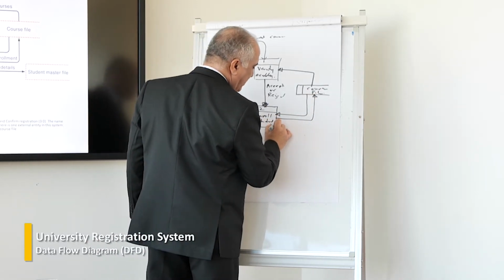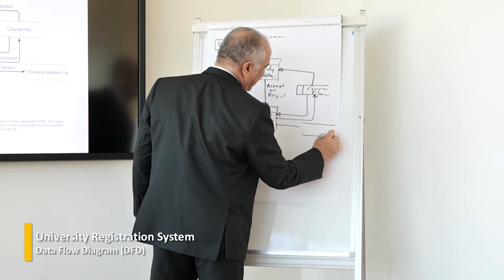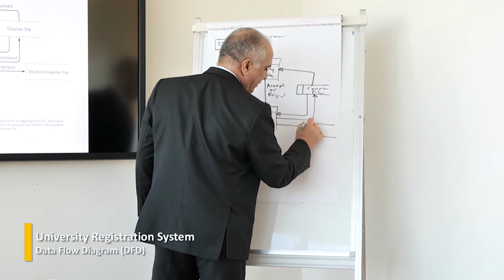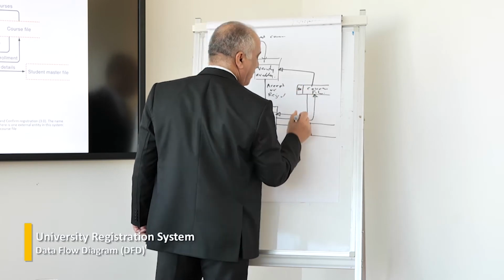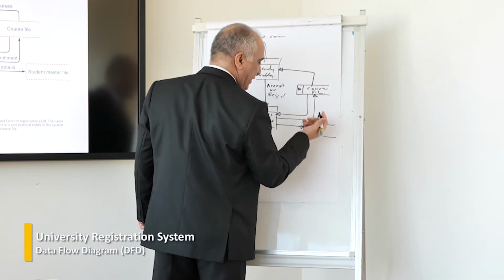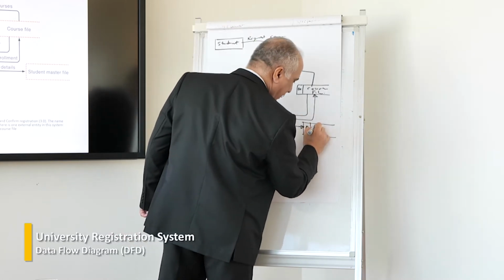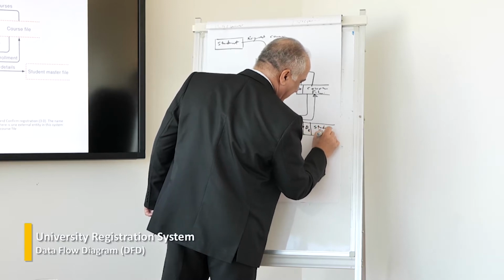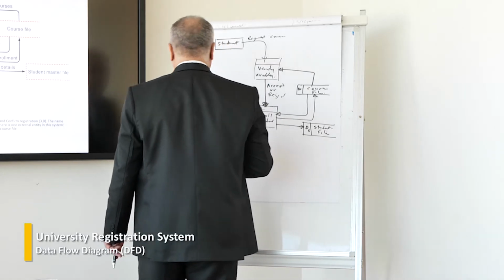And then we need to update the student file. In this case, we are updating the second file. We call this D1 and this D2, because every file needs to be given a number. We update the student file to say that this student is enrolled in this course.